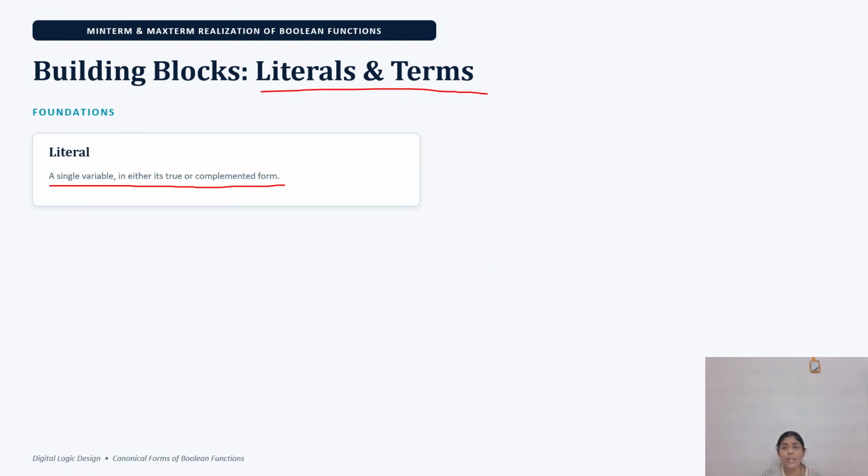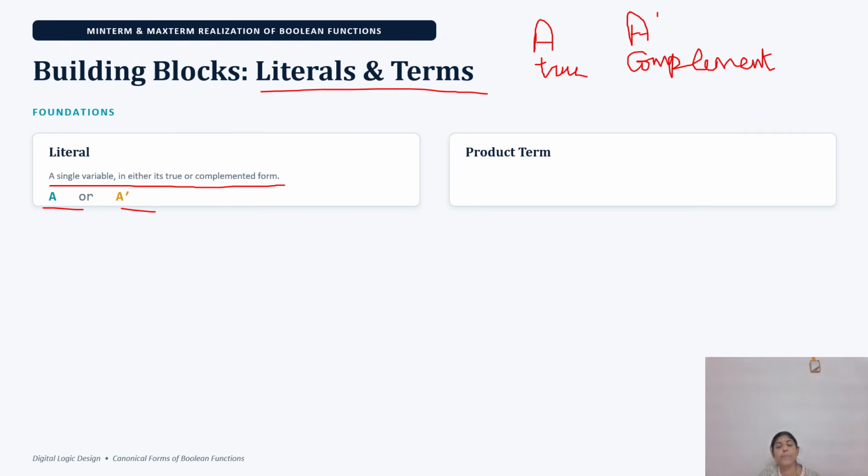Consider this literal A and this literal A bar. What is the difference between these two? A is the true form, and A bar is the complement. This is a literal, either A or A bar.